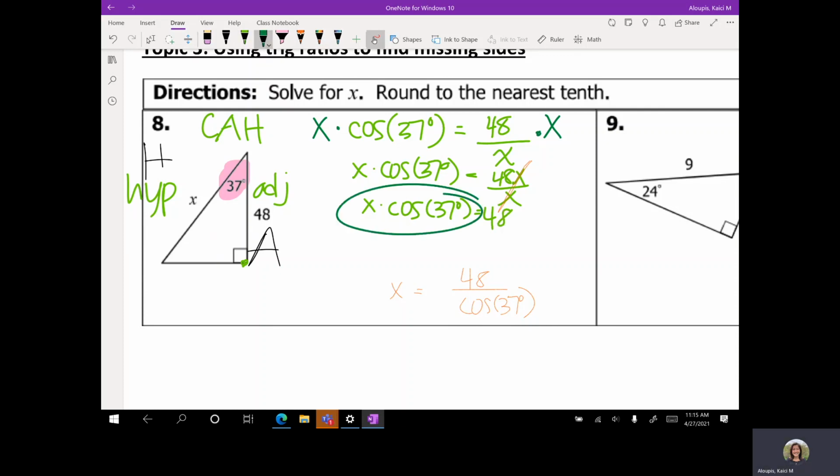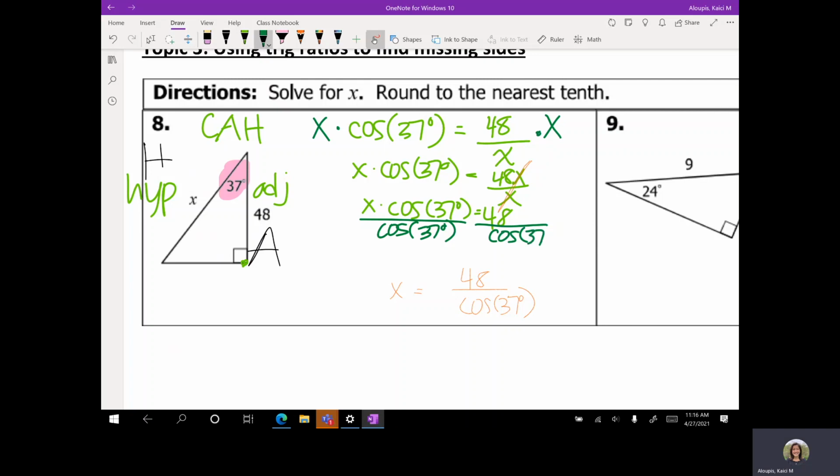But now we have another problem over here. x is being multiplied to cosine 37. Like I said before, we want x alone. So we need to undo the multiplication that's happening between x and cosine 37, and cosine 37 is its own value. You can plug in your calculator cosine 37, or you could use the trig table to find out what cosine 37 is. But before we even do that, let's just get rid of the cosine 37 that's being multiplied to our x by using division, because division undoes multiplication.